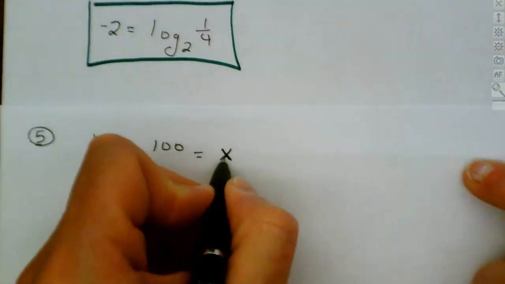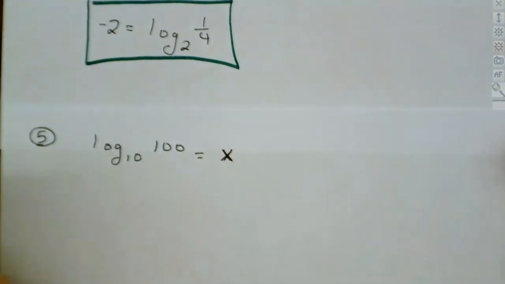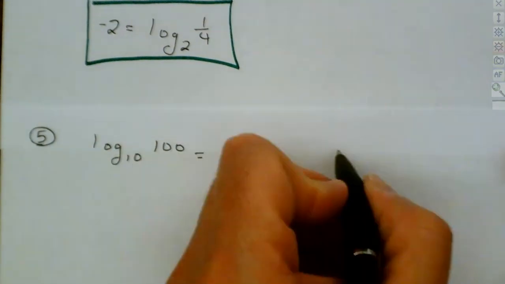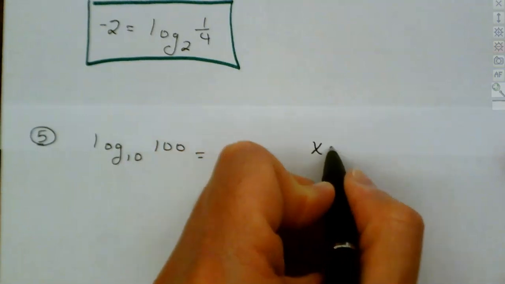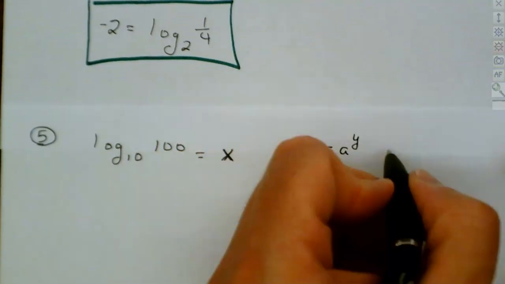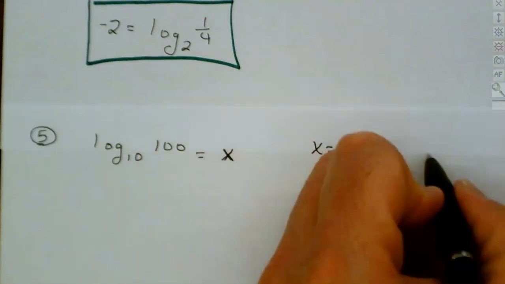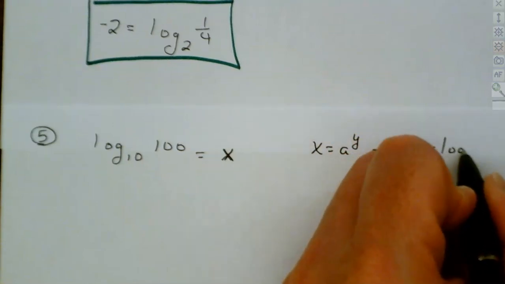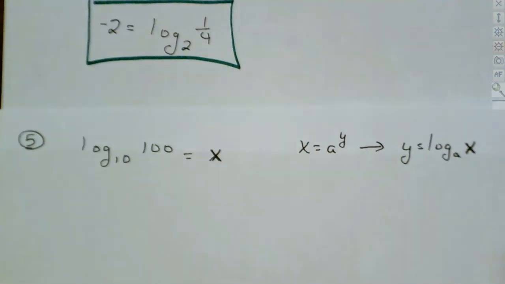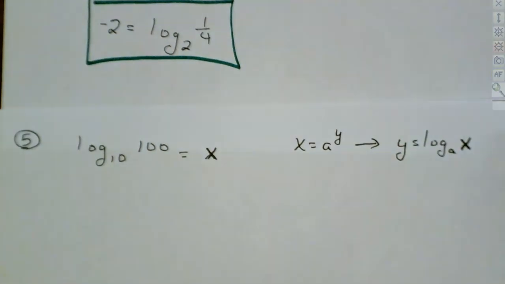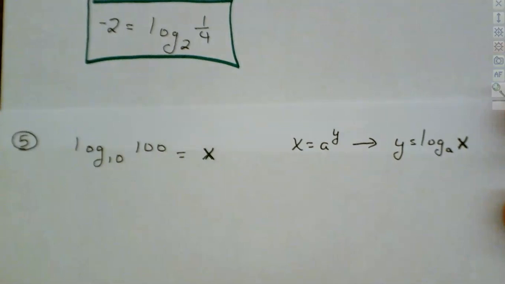We don't know what it is, but we need to find that value of x. Well, what do we know? We know the change of base formula: x equals a to the y power converts into y equals log base a of x, right?